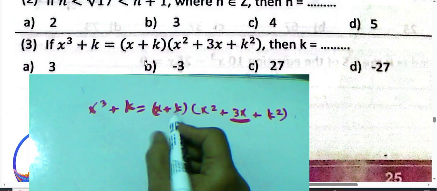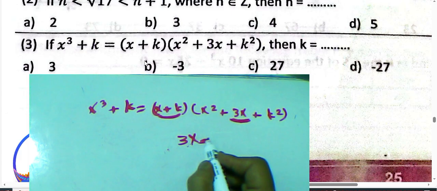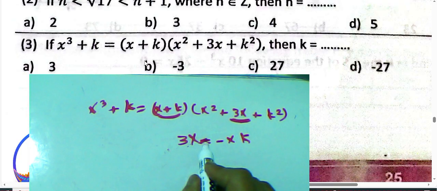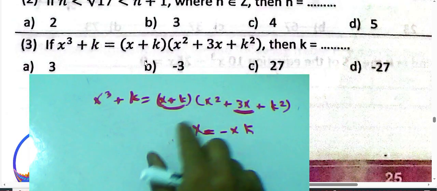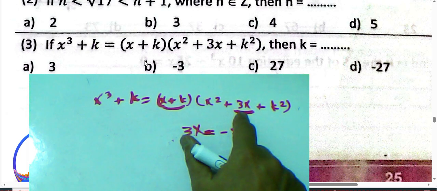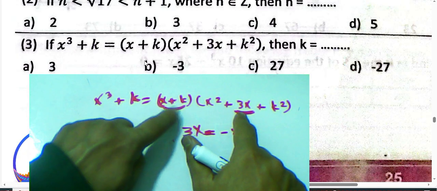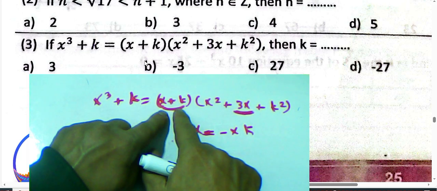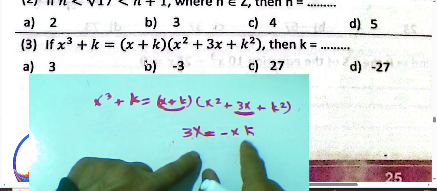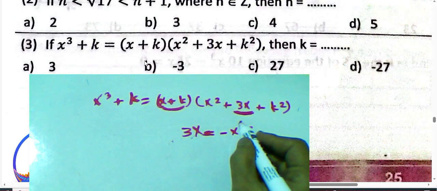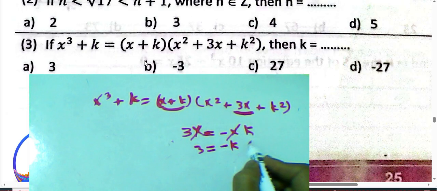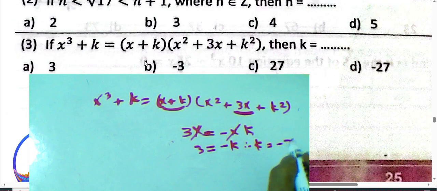We know 3x equals x times k, but with the inverse sign, it will be negative x times k. Understood, my students? Again, the middle term: how can we find 3x? By multiplying x by k and changing the sign. Then 3x is equivalent to negative x times k. We can cancel x by x, then negative k equals 3. Then the value of k here equals negative 3.